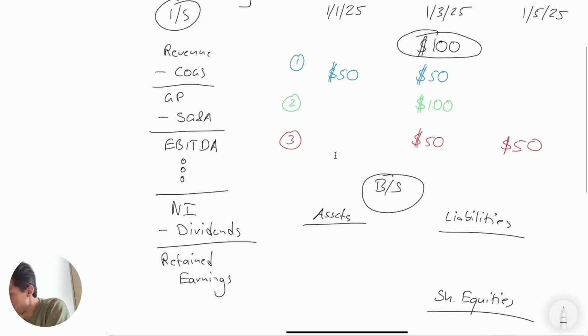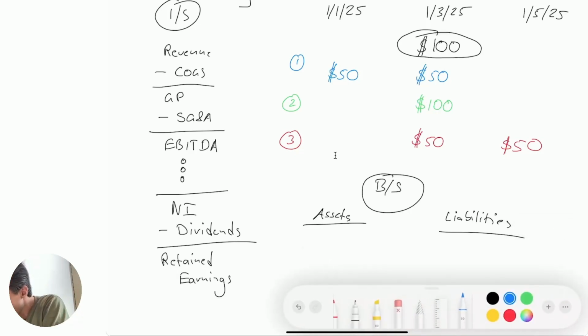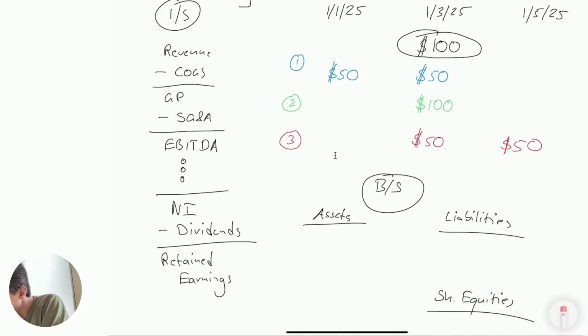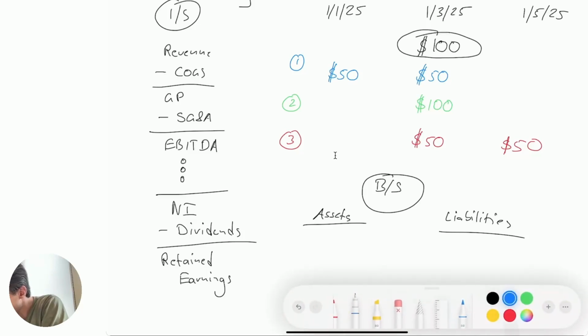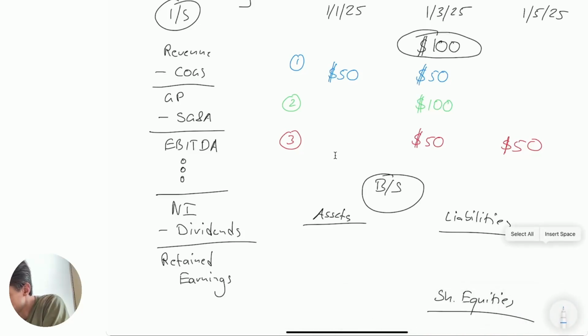So what would happen under example number 1 is that you would record a cash entry. So you would record cash $50 because you have received.